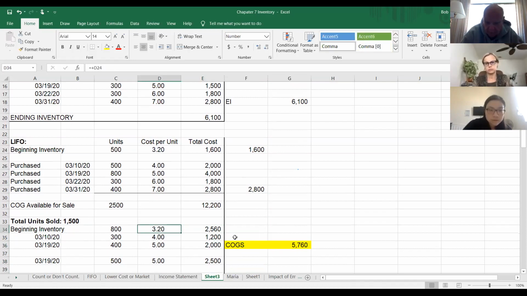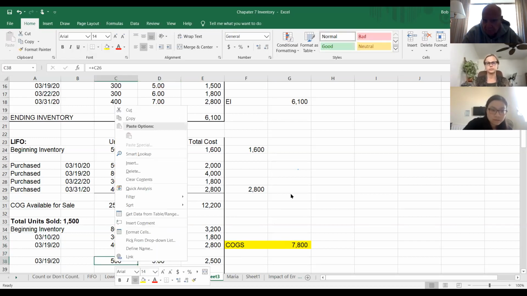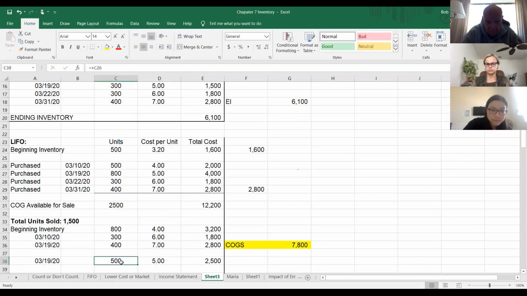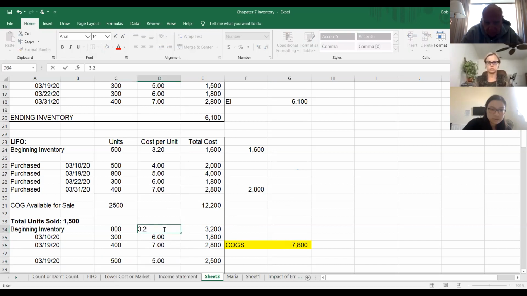I didn't put the prices down. Let's see, this would be 6. This would be 7. Here we go. The first line, 5. That's the ending inventory number. This number per cost unit is 3. I see what you're saying. Let me get the right numbers here.